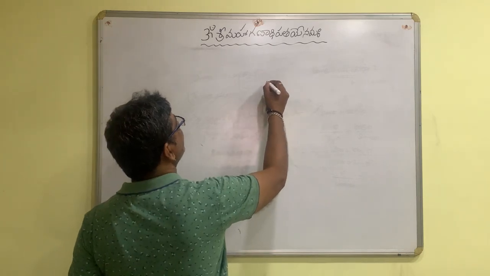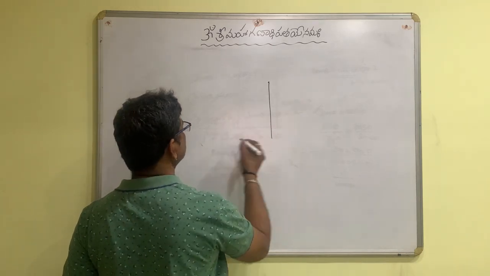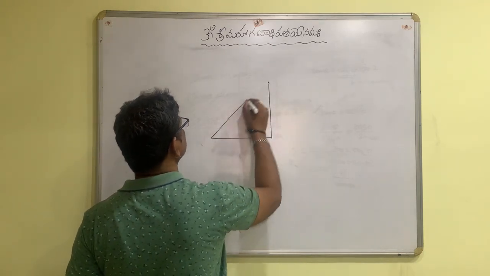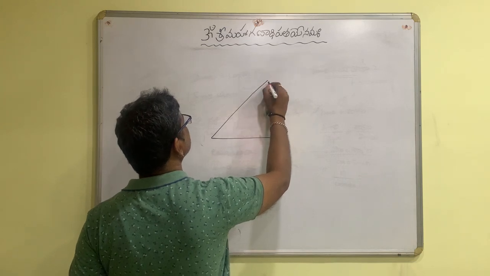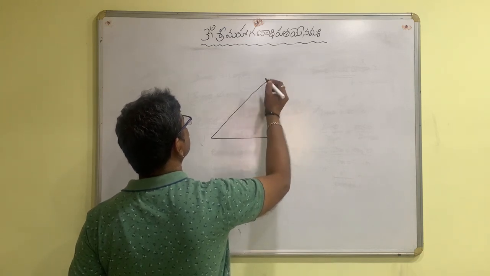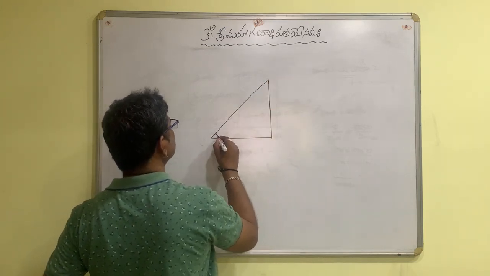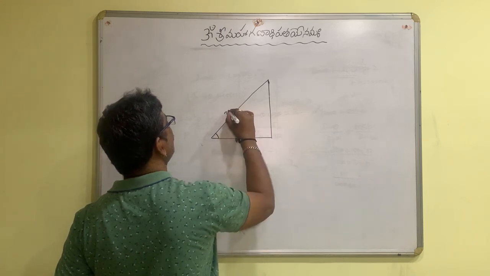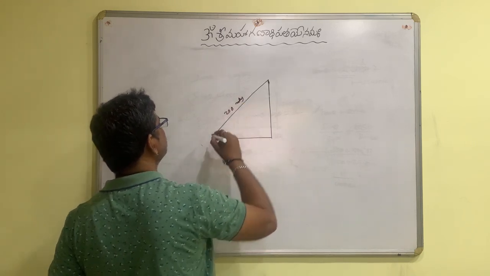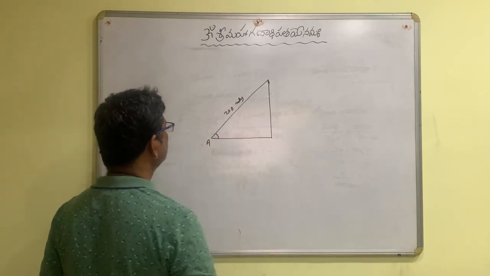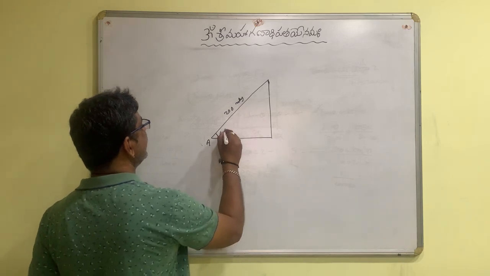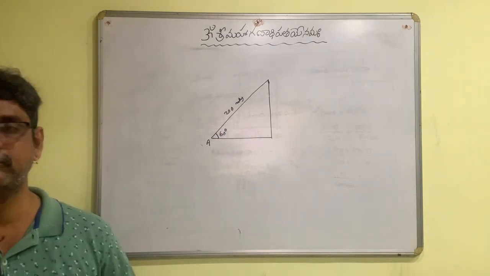Suppose the bird is over here. This elevation, this is 200 meters. This is Amit. This elevation is 30 degrees.